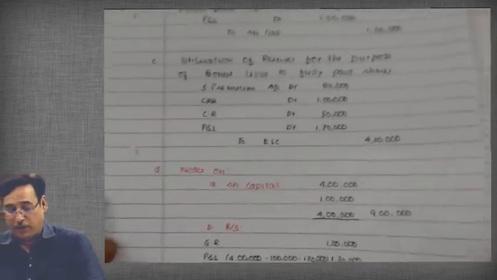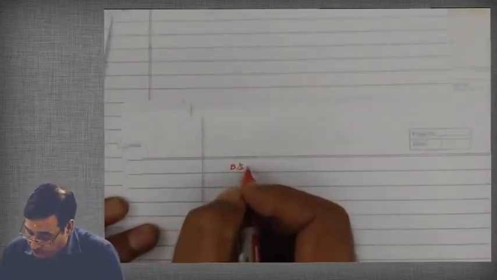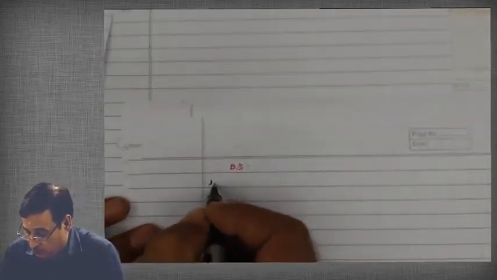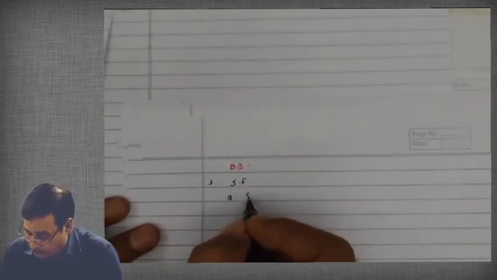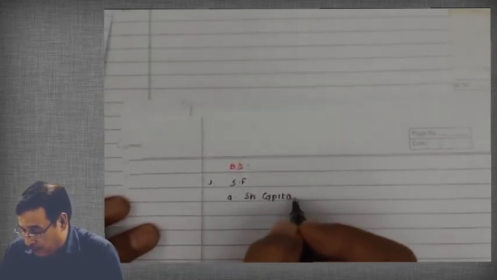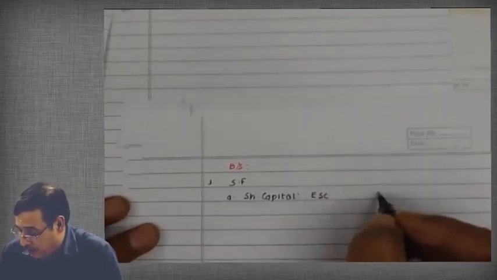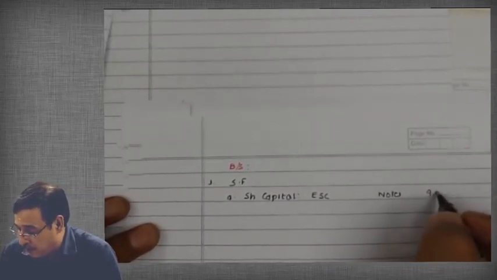Now suppose you intend to prepare the balance sheet, you can also do so. I'll prepare the balance sheet also. Balance sheet. 1. Shareholders fund. A. Share capital. In the share capital, equity share capital, as per notes, balance now is 9 lakh.